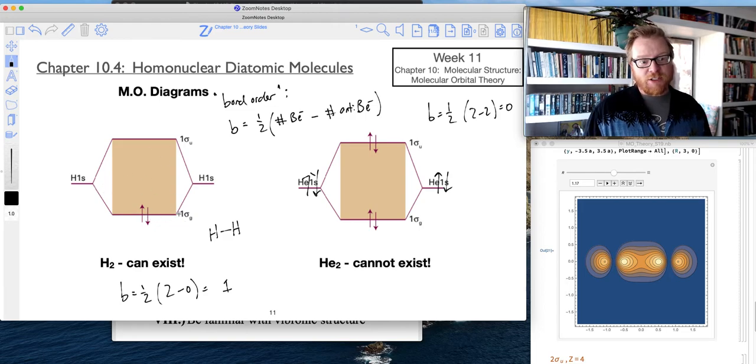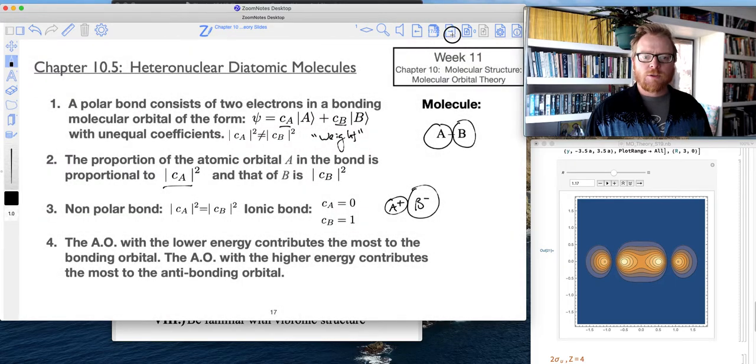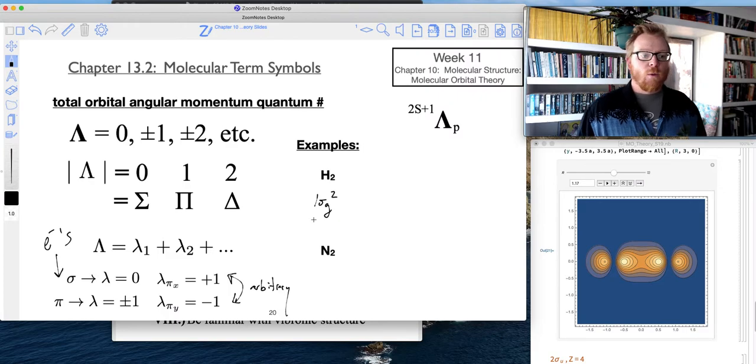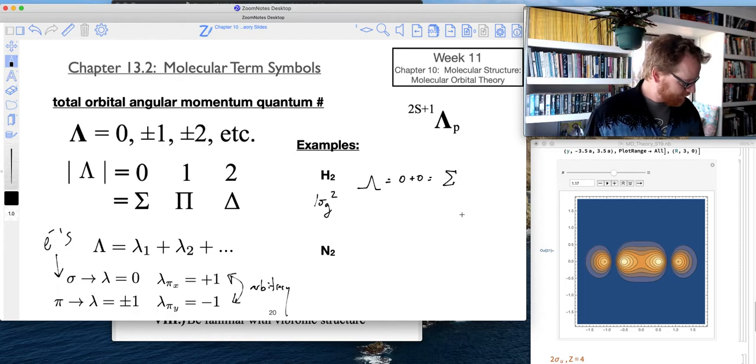So 2 electrons in the 1σg. When I add up all of these little lambda values, I have 2 electrons, so I need to come up with 2 little lambda values. Because they're both in sigma orbitals, each one is going to be a 0. So that's a 0 plus a 0 to equal 0, which is a sigma.